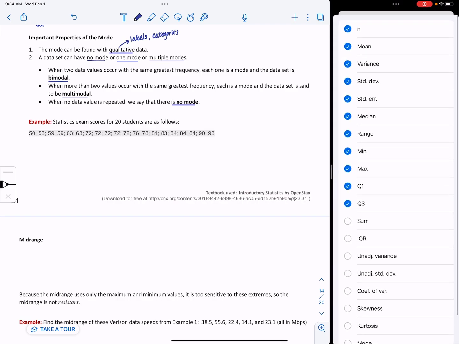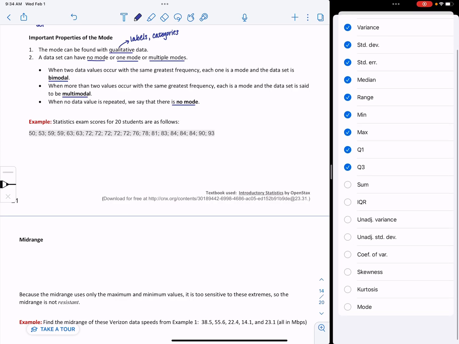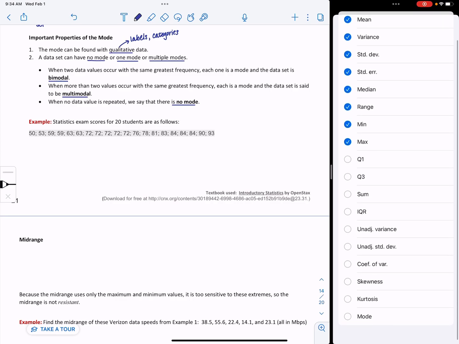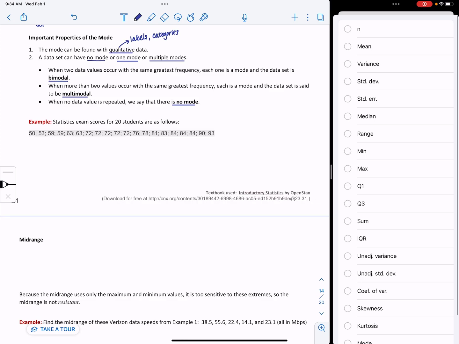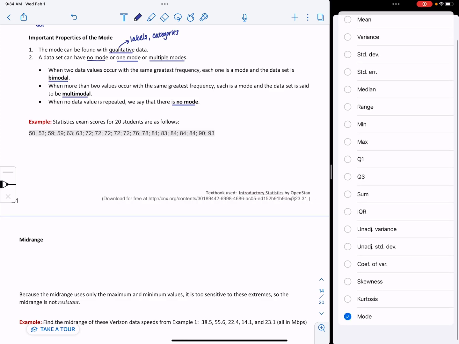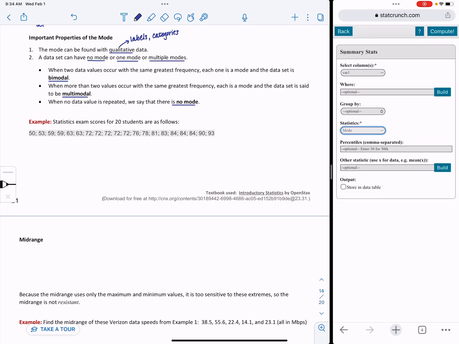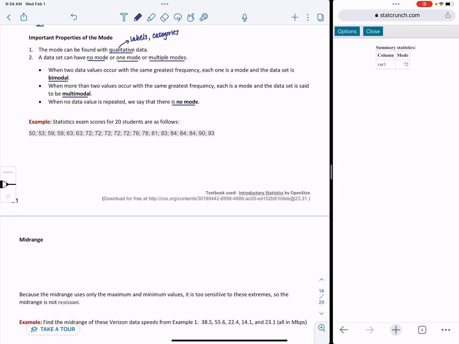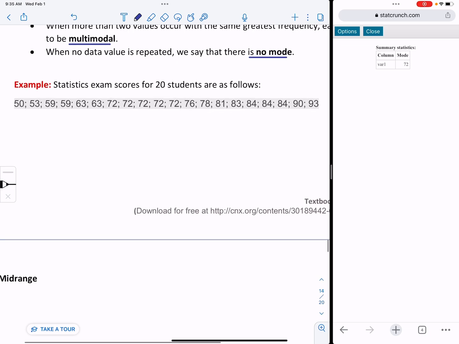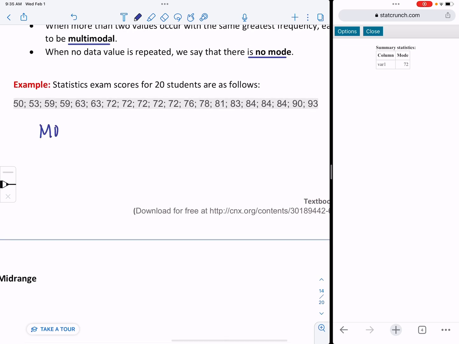And the only statistic I am interested in is down at the very bottom of my list. It may be different if you're using a laptop. So I'm going to check mode and compute. And that tells me that the mode for my data set is 72.